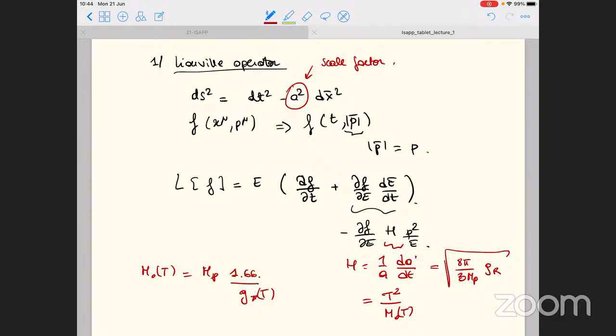So at early times, you have many particles that are relativistic, so the number of relativistic degrees of freedom before electroweak symmetry breaking is of the order of 100, 105. But at later times, like today, for example, the number of relativistic degrees of freedom, g star, is equal to 3.36, just for the record.